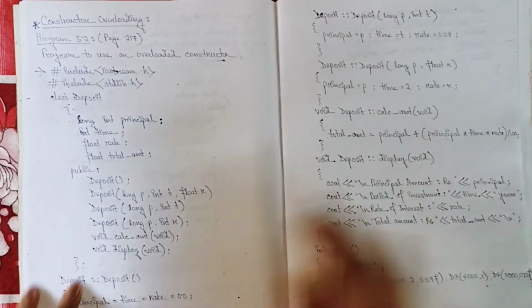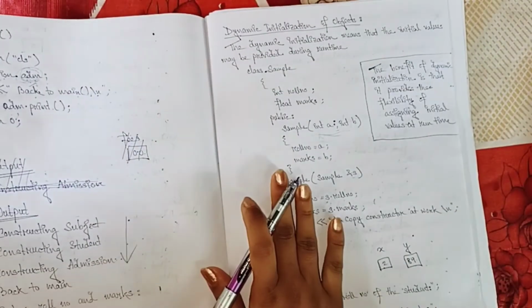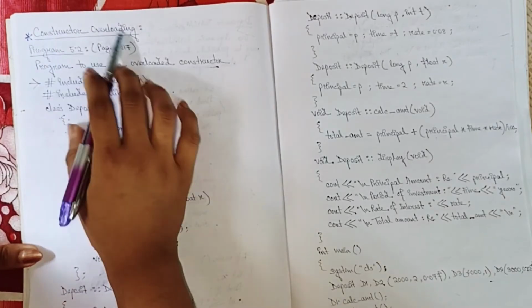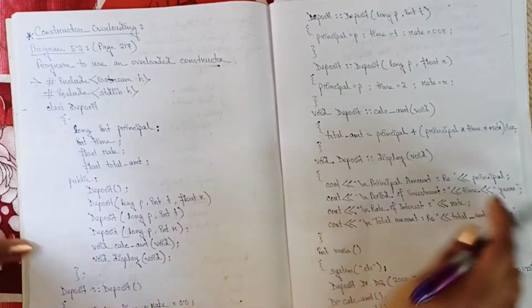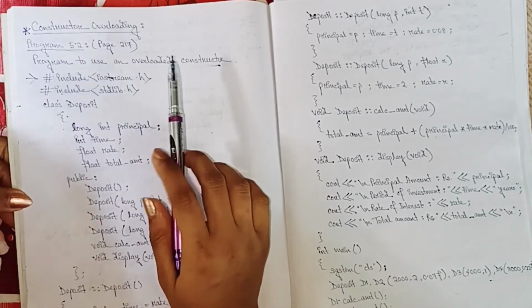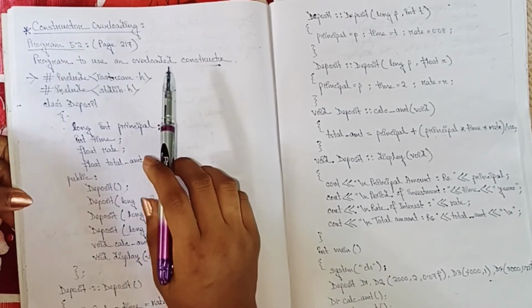I have made you understand dynamic initialization also. You make notes on this and then go to the overloaded constructor.